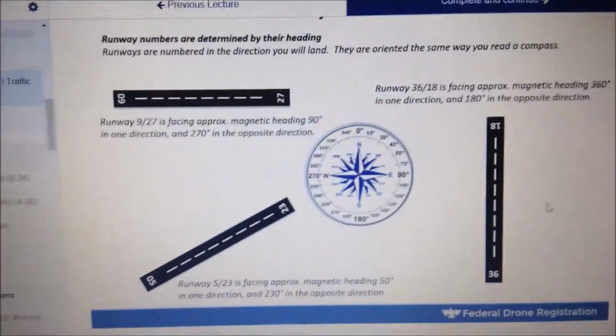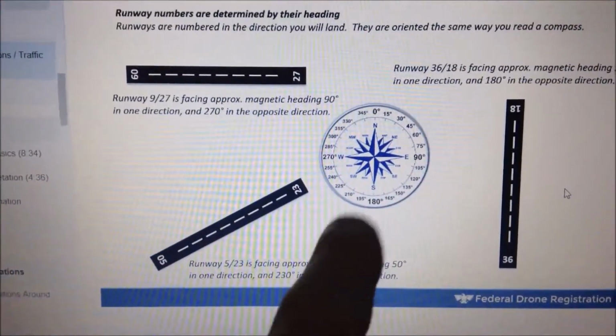So we're talking northeast and southwest. That's basically the way they set up the runways. So a quick view as to how they're doing it.